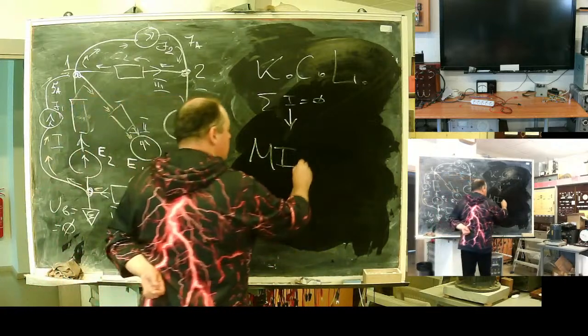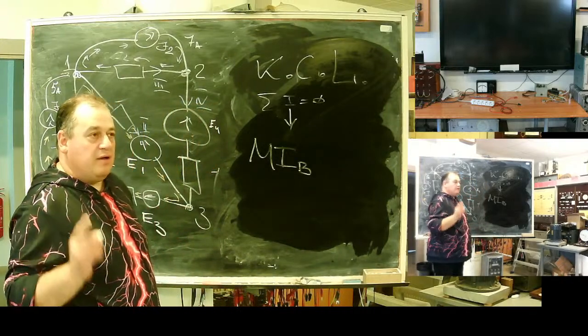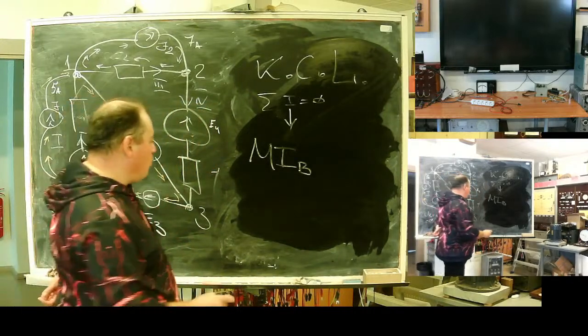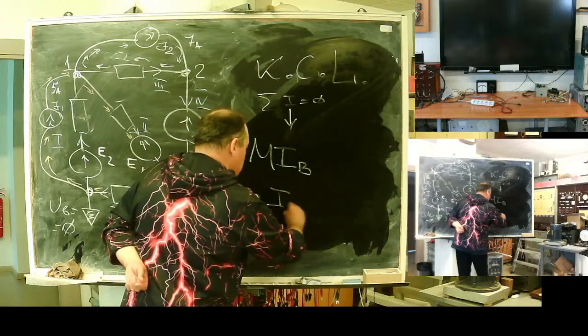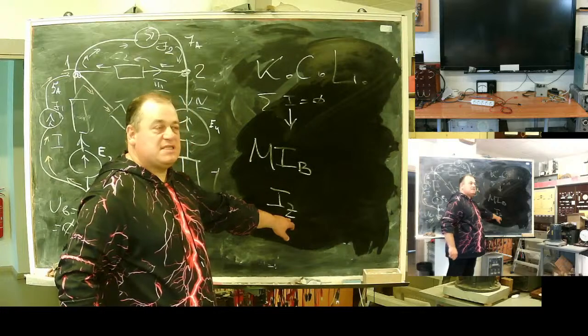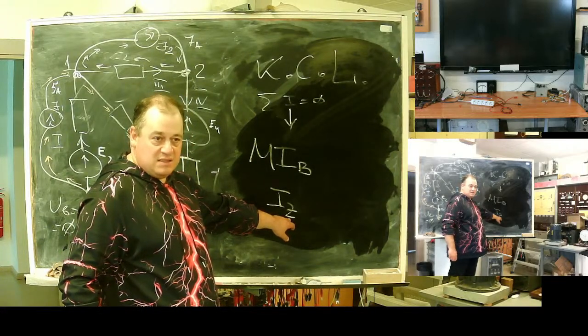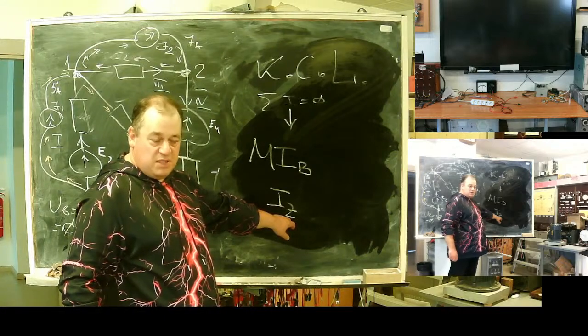I need to write IB, which are branch currents. Please forgive me, I will often use the automated habit. Z means zars, it's Latvian. Branch in Latvian is zars. Zaru strauss means branch current.